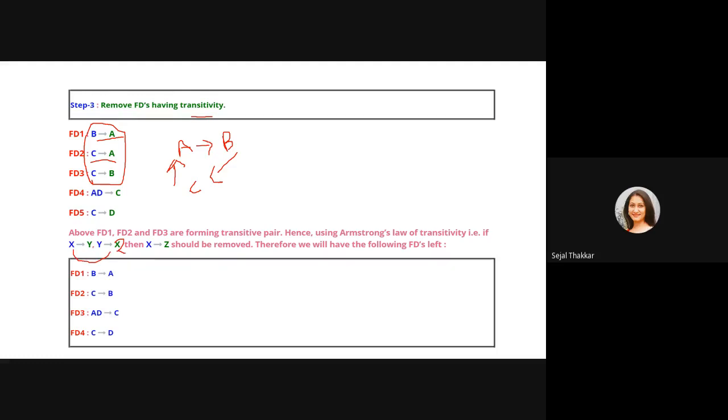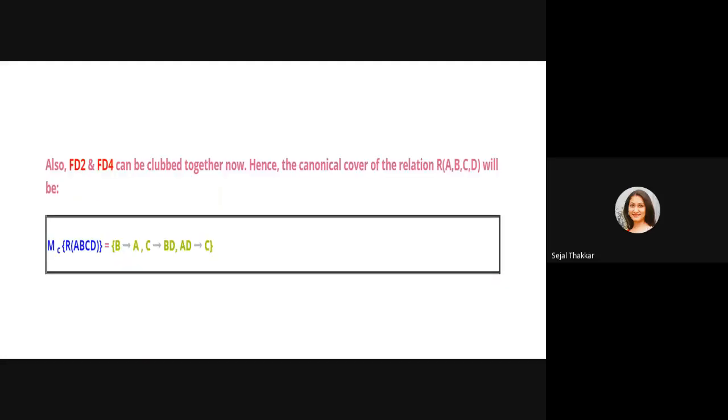So B tends to A will be there, C tends to B will be there, but C tends to A is an extraneous transitive dependency. That we have to remove. The remaining we keep as it is, so this is our answer. Now FD2 and FD4 can be clubbed together, hence the canonical cover should be written like this.